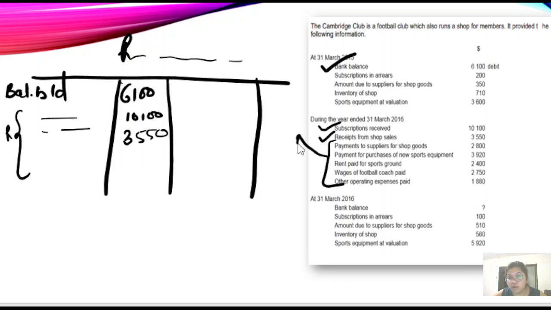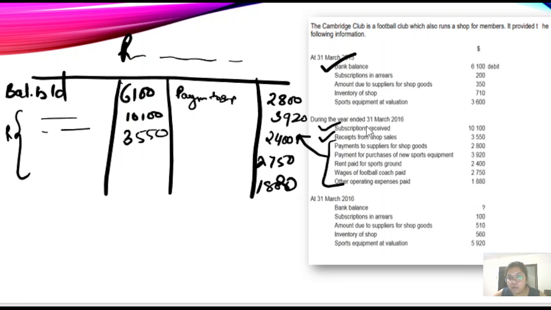So you have to record it here, like payments to supplier, that is 2,800, and then 3,920, and then 2,400, and then 2,750, and then 1,880. So these two are receipts and rest is your payment. So we have to record it like that, and then you have to add both sides.